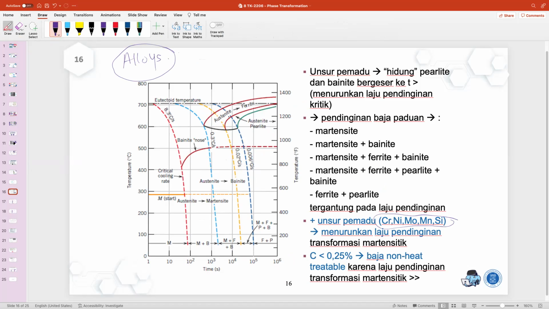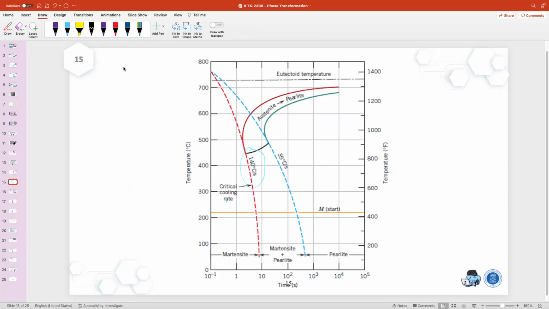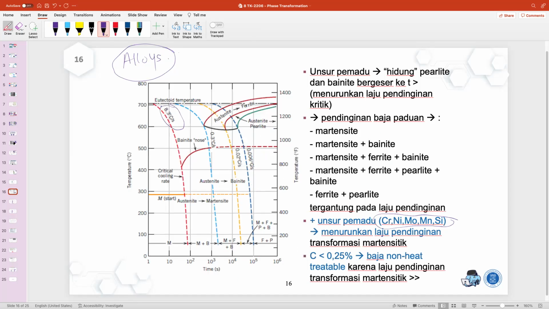Here the cooling rate can reduce significantly. For example, in the previous one you had 140 degrees Celsius, it should be larger than 140 degrees Celsius to get the martensite. However, here you only have to have more than 8.3 degrees Celsius per second.